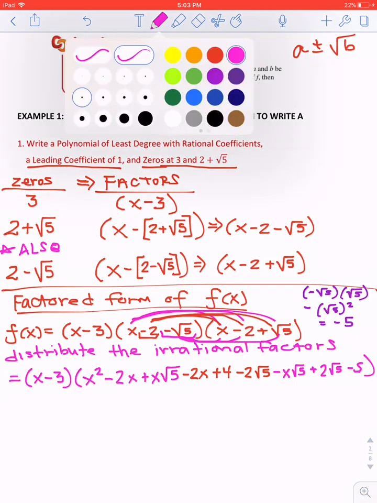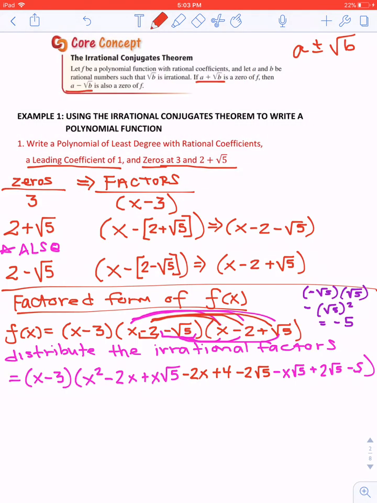All right, so this is what I was talking about earlier. If you distribute the irrational factors first, it will rationalize itself because of that irrational conjugates theorem, that you should have a positive and negative of each of those irrationals. So I have a positive x root 5 and a negative x root 5.